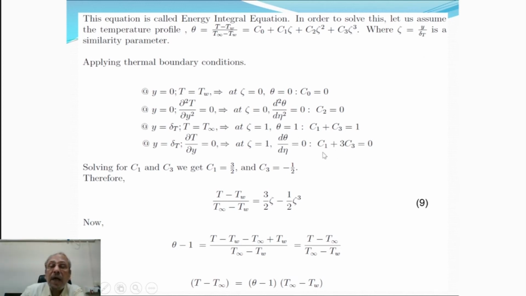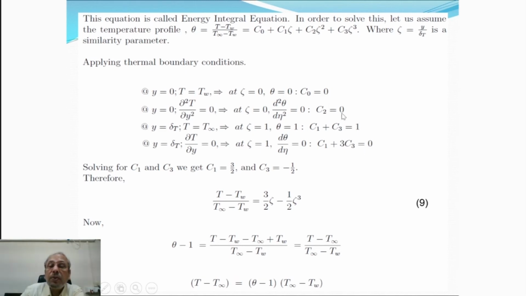For xi equal to 1 that is C1 plus thrice C3, and we have said that d theta d xi equal to 0. So C1 plus thrice C3 equal to 0.